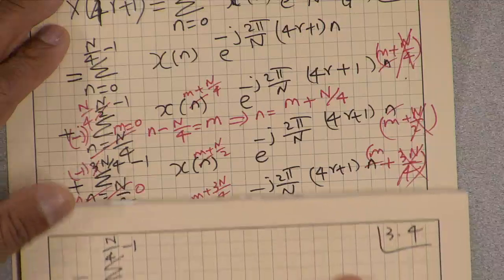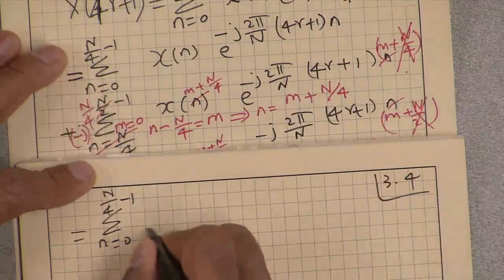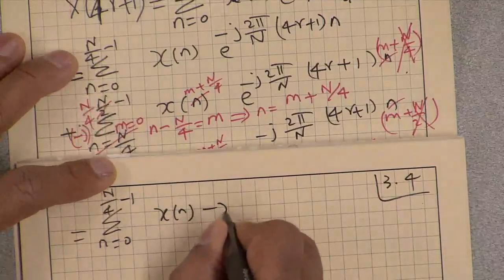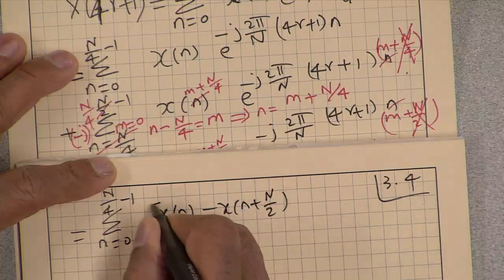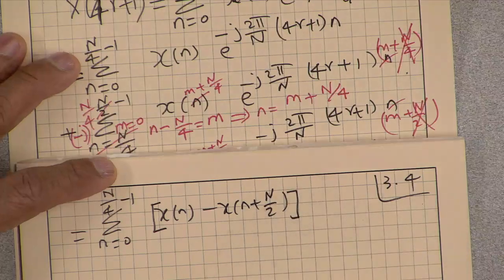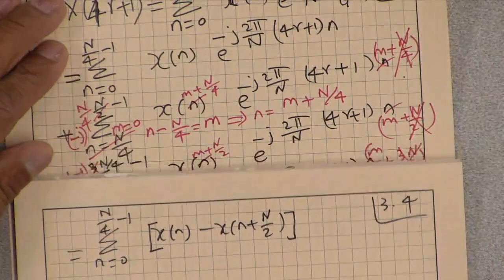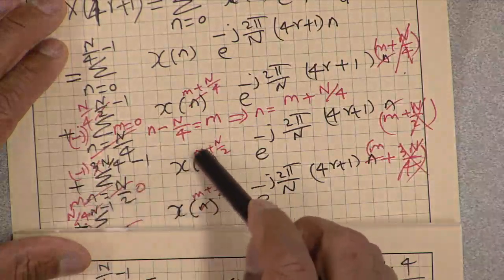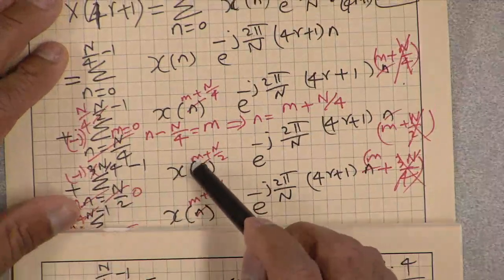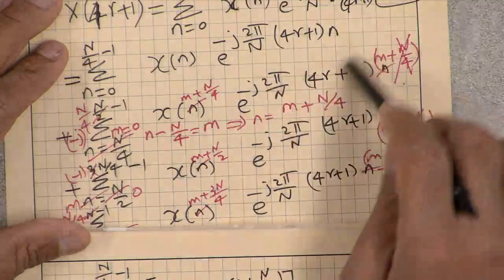So what do I get? I get xn minus xn plus n by 2. Okay, so this xn minus x, this is n, dummy m is now back to n, times, then this is the same thing.